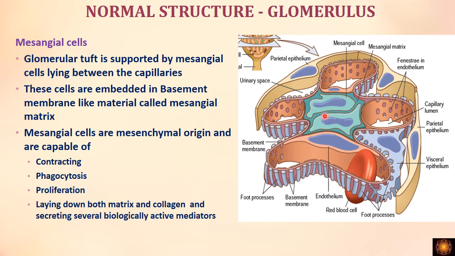These mesangial cells are capable of contracting, they can phagocytose, they can proliferate whenever there is an injury, and whenever they are irritated, they lay down extracellular matrix and collagen also. They can also produce inflammatory mediators, biologically active mediators, which can produce an inflammatory reaction.